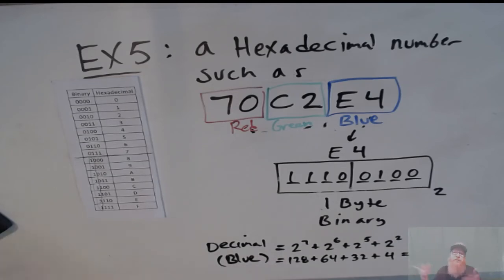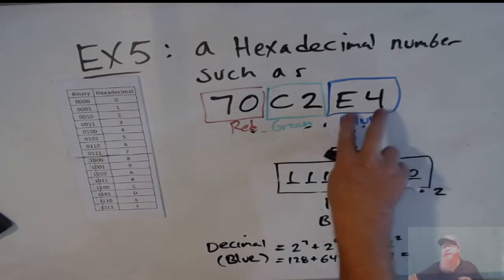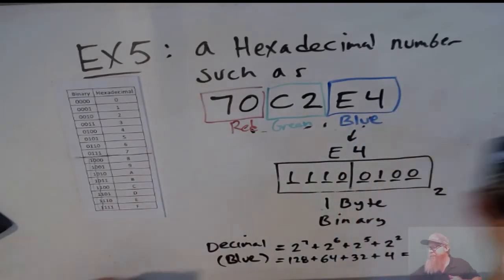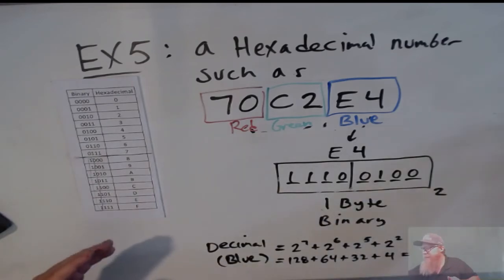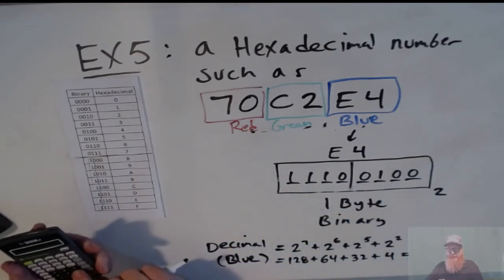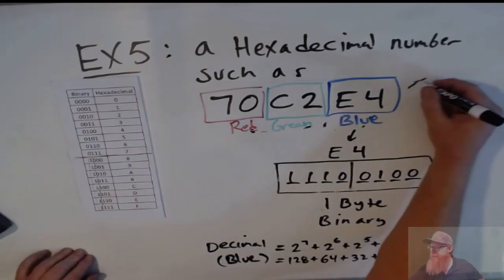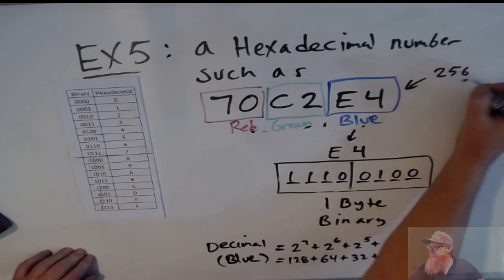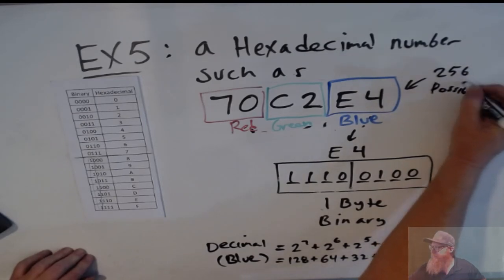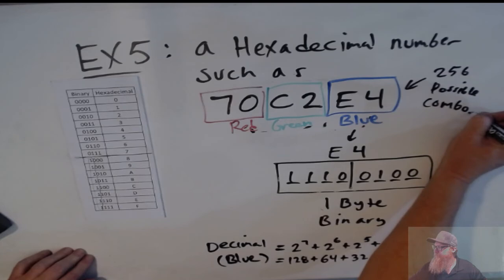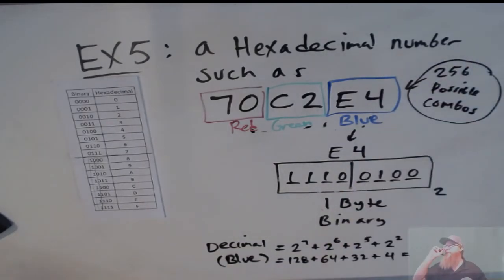Remember, there are thousands of color combinations altogether. Each one of these has 256 possible combinations, 256 different combinations for each one of these colors. So there are 256 blues. All right, so which blue are we using?